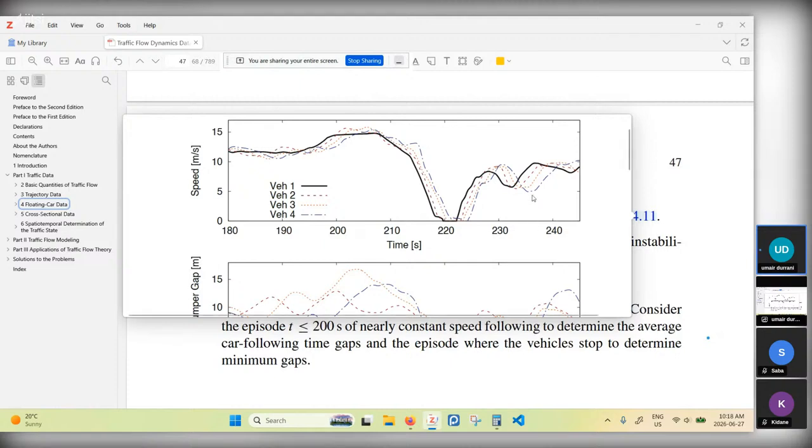So that would mean, sorry, 235 seconds. That seems to be like 10 seconds, not 5 seconds of difference. Oh, sorry, we are not looking at time, we are looking at speed.